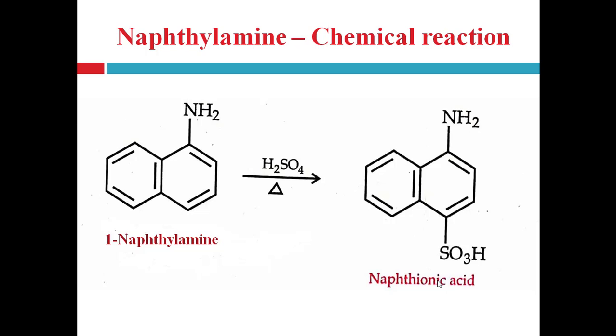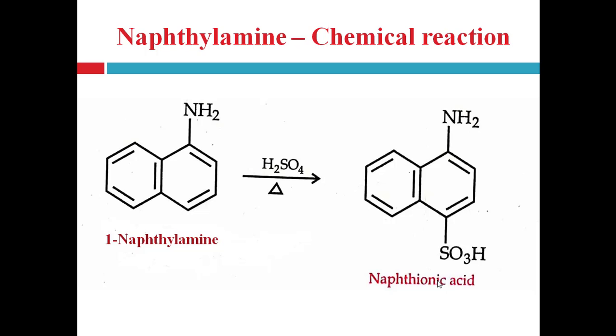What happens in this reaction? Simply, it is an electrophilic substitution reaction, sulfonation of naphthylamine. 1-naphthylamine is a substituted naphthalene derivative. That's why substitution occurs homonuclear, that means within the same ring, as we discussed.